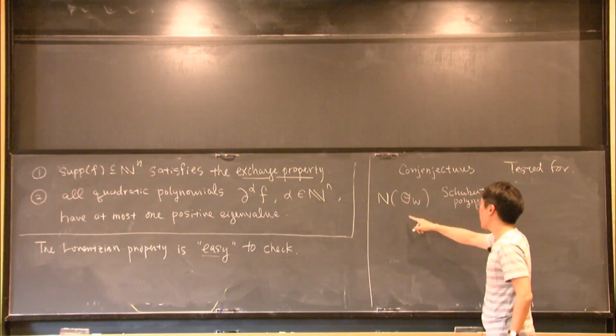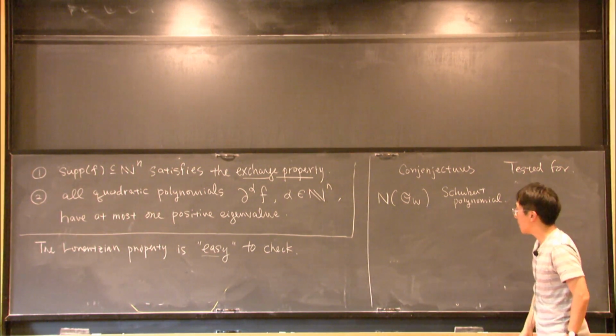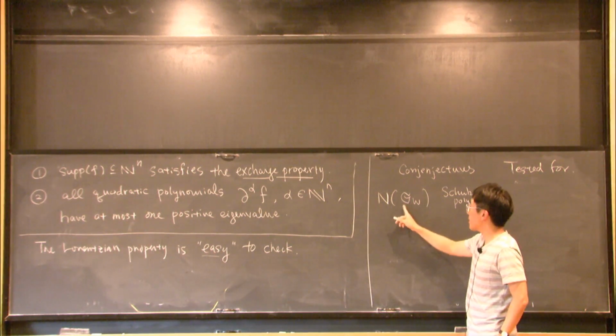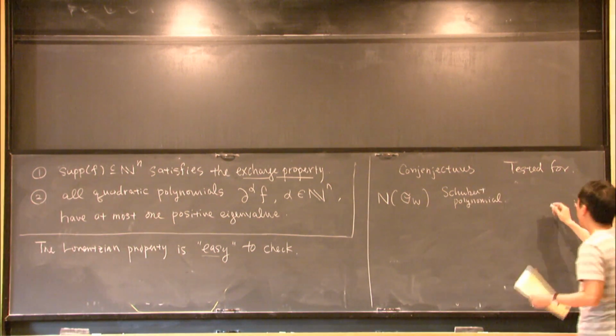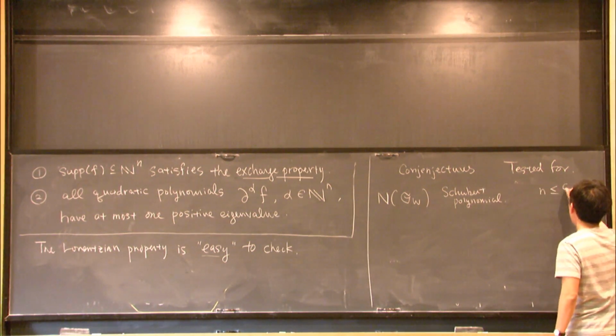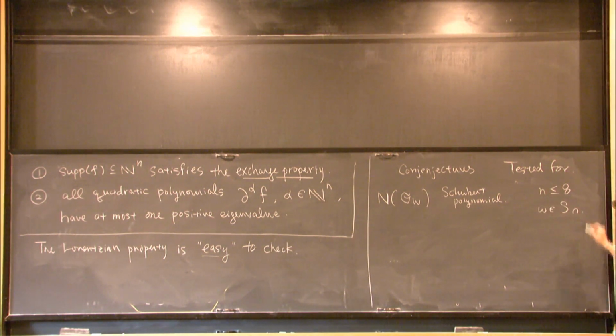It is recursively defined by divided difference operators. The conjecture is that if you normalize it, then it's Lorentzian. And we tested this for all permutations in Sn for n up to 8.